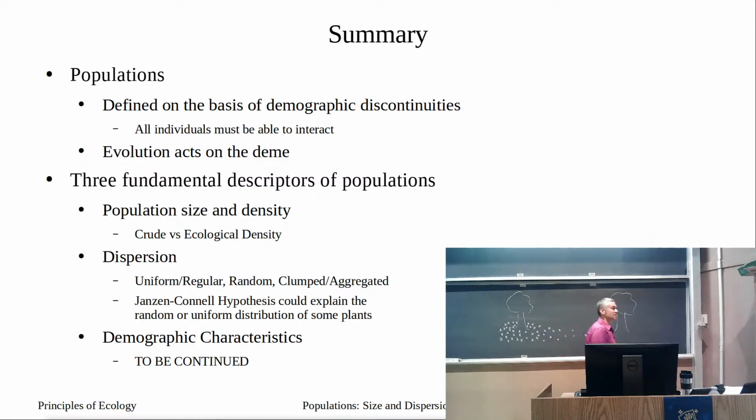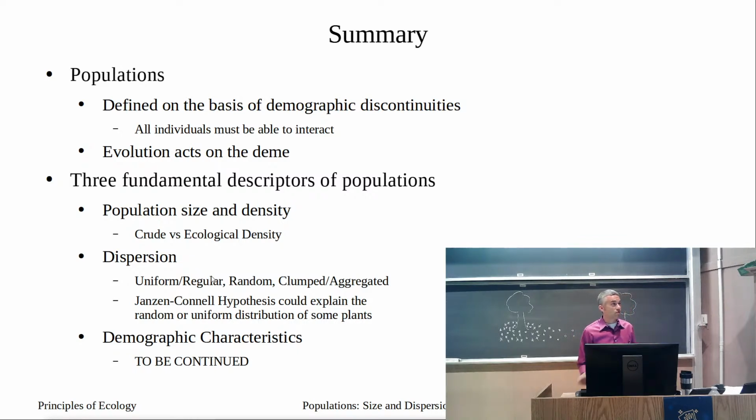Now, with the density, we could talk about crude density, which is just our number of individuals per unit area, or we can do ecological density, which now accounts for the appropriate versus inappropriate habitat. And then we talked about dispersion, so we just finished this up today. The three patterns are the uniform or regular, the random, or the clumped or aggregated patterns.